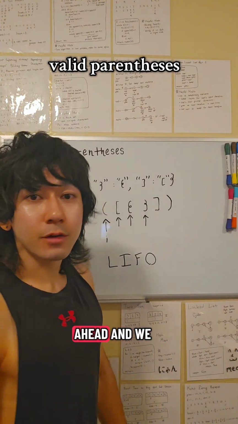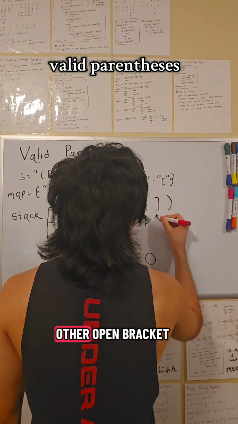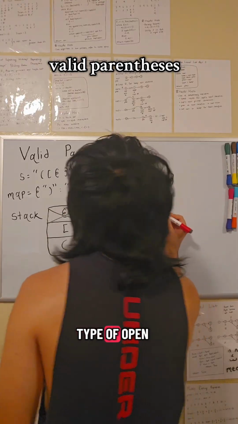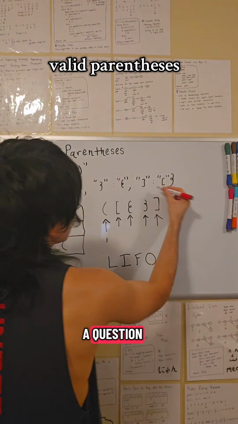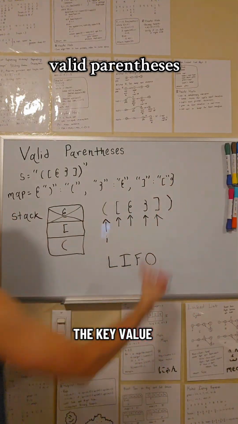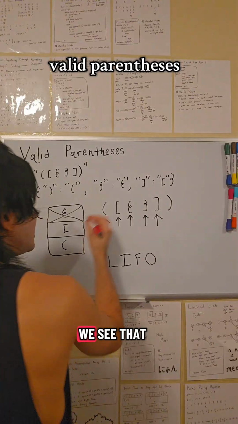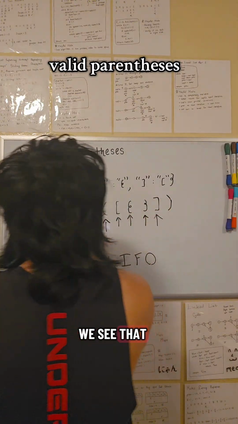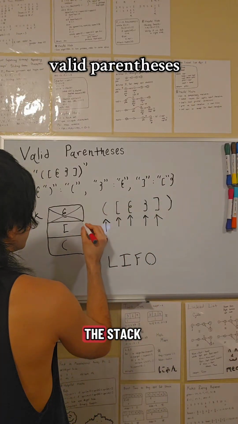Then we go ahead and iterate through the list again. We see this other open bracket. It's a different type of bracket. And then we ask ourselves, does it match the key value pair here in our hash map? We see that it does, with the most recently added item in the stack.